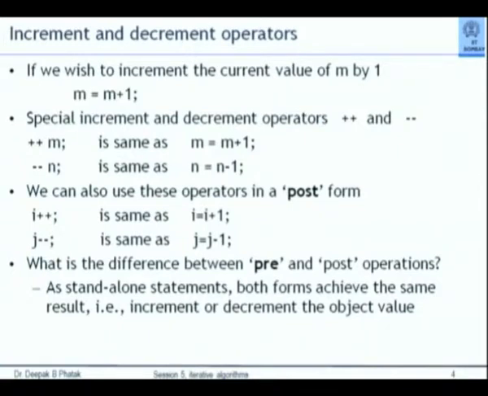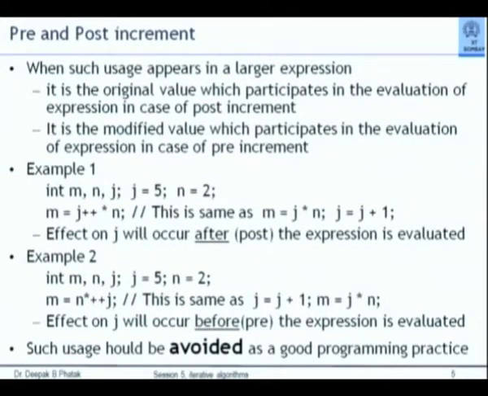When they appear in a larger expression, the meaning could be different. The post-increment operator means that the original value of the object will actually participate in the expression evaluation. The expression evaluation will be completed and then the effect will be given to the incremented value of that object.